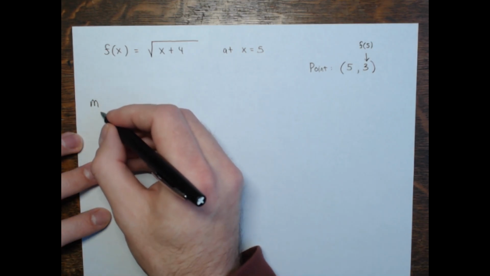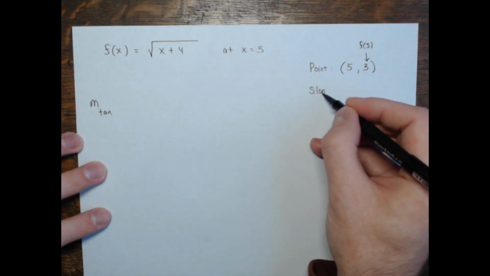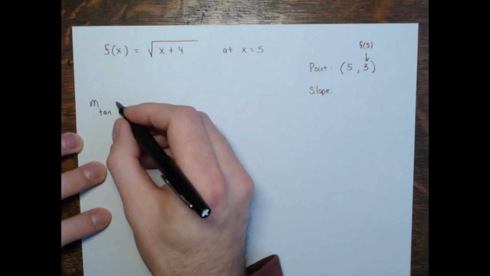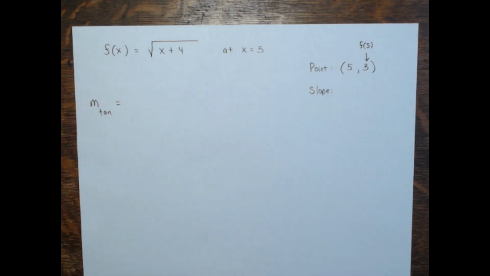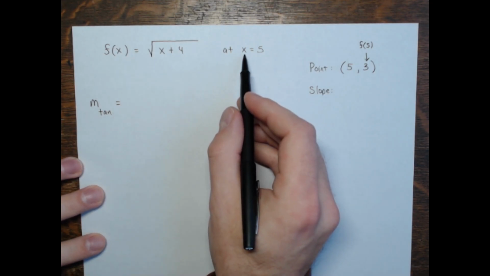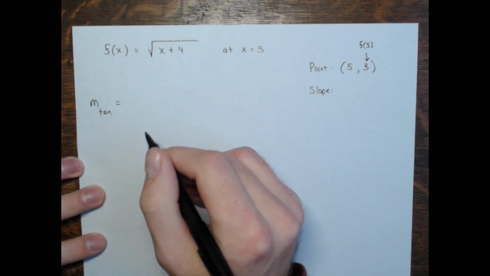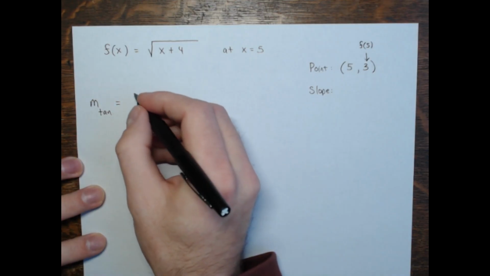Now I need the slope of the tangent line. Right, so I got a point. I also want the slope. Now I'm going to use that, again, I like that first definition personally. So we'll be at x equals 5, and then at some other value x that's not 5.